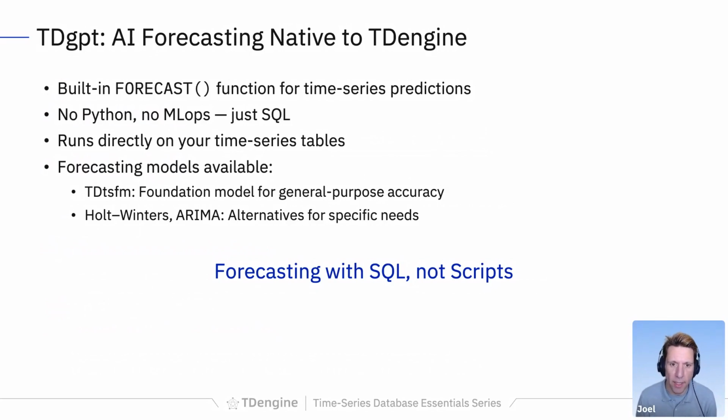For forecasting, we have a number of different models available. We've built our own model, the TD time series foundation model, which is really great for general purpose accuracy. Then we also have Holt-Winters and ARIMA models for more specific needs. And again, this is forecasting with SQL, not scripts.